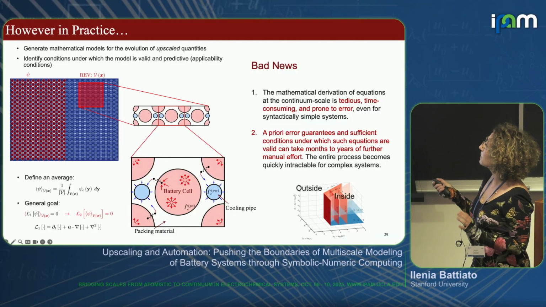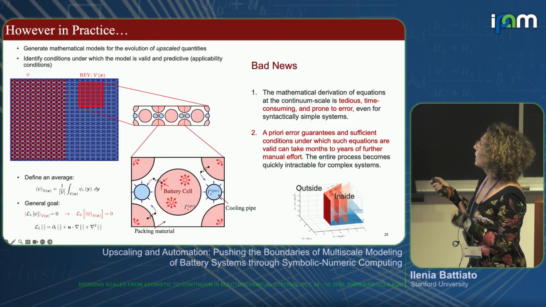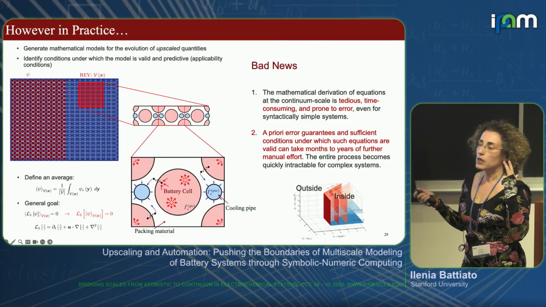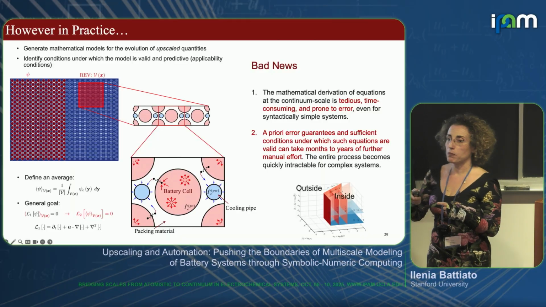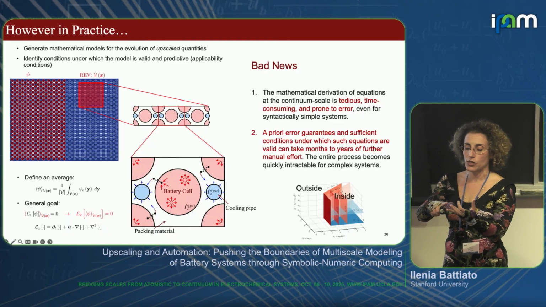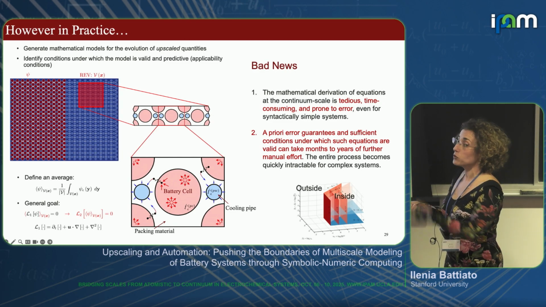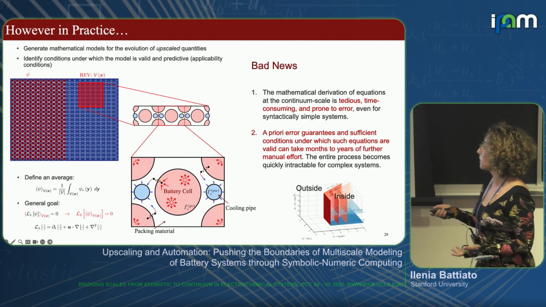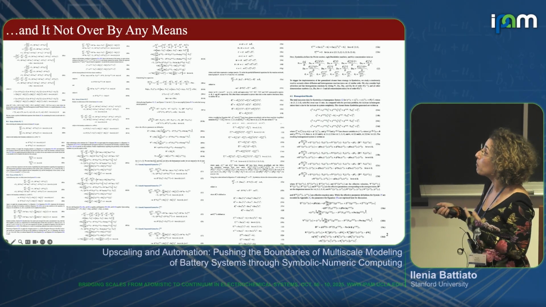It's a mess because this derivation, even for a system that is that simple, is tedious, time-consuming, and prone to error. And then if you want to find applicability conditions for different combinations of parameters, operating conditions, and you can add to the list, you have to do the upscaling every single time. And it is bad news because this is how bad it is.